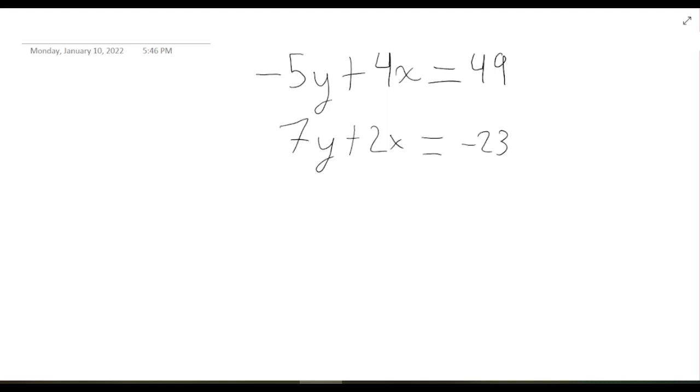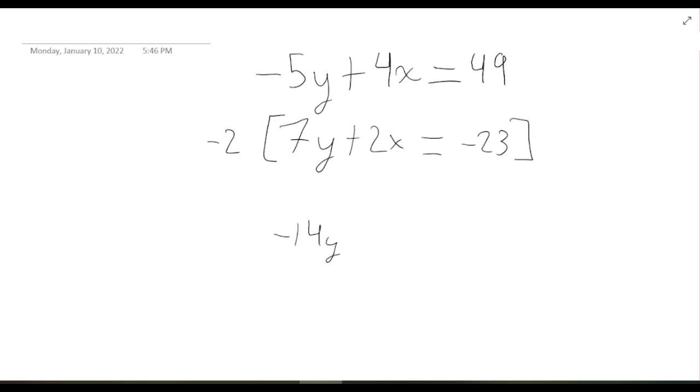So I notice here that you have 2x and 4x, and 4x is a multiple of 2x. So we're going to multiply this bottom equation, this whole bottom equation, by negative 2. And we're going to see what we get. So what we get is negative 2 times 7y is going to give us negative 14y.